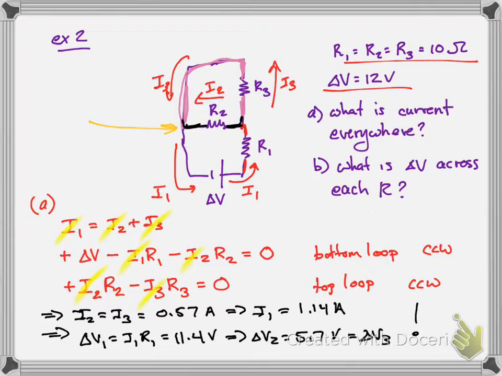But then the one loop that we didn't do, the big loop, the potential difference across R1 plus the potential difference across R3 should equal the potential difference across the battery, and it doesn't. Delta V1 plus delta V3 is 17 volts, which is bigger than 12 volts.